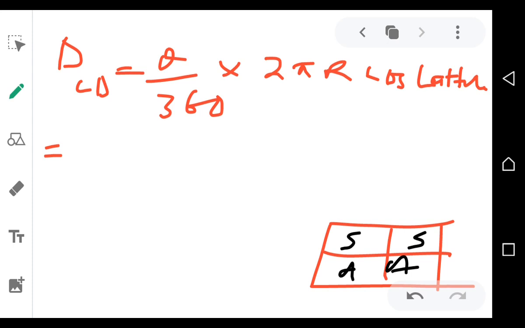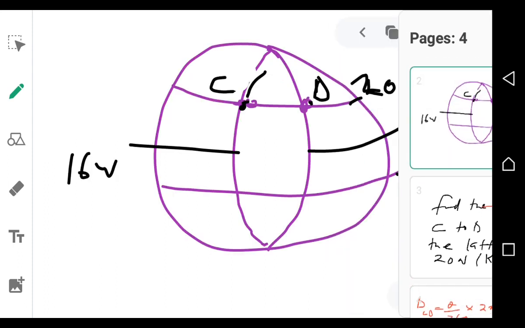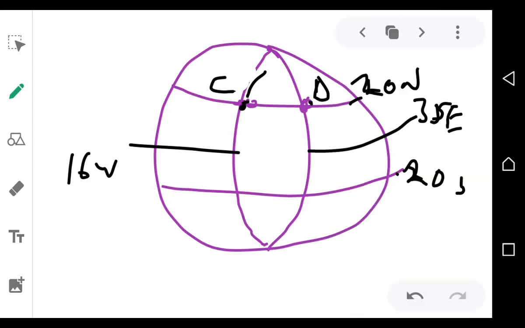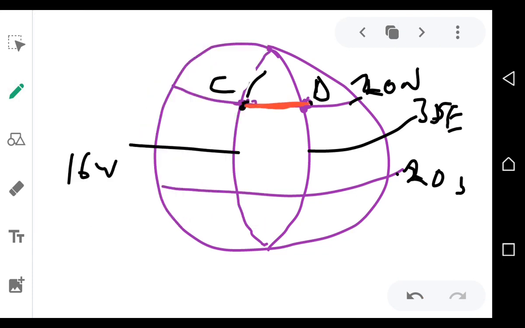Remember how you find the angle? Because of space, I'll find the angle from here, but this calculation should be on the right. So theta is going to be equal to what? I think you understand what I'm trying to say. We're looking for the distance CD, C to D. This means horizontal distance along the latitude.